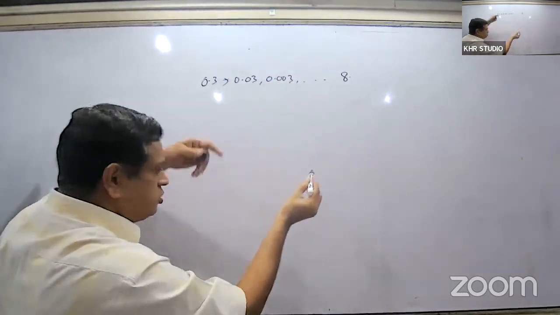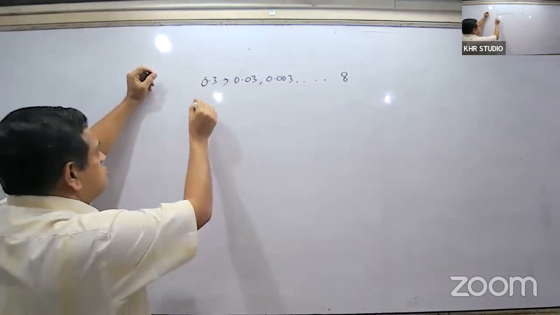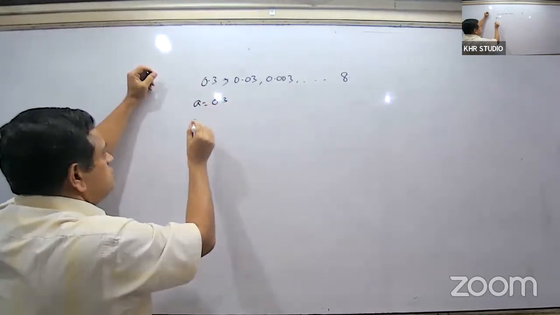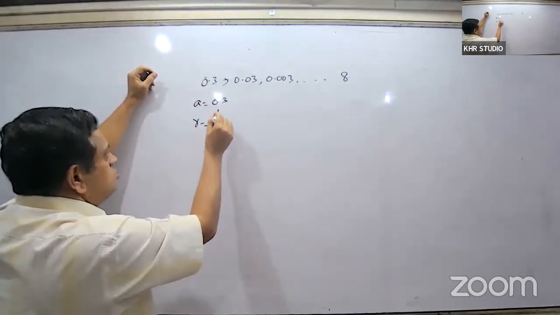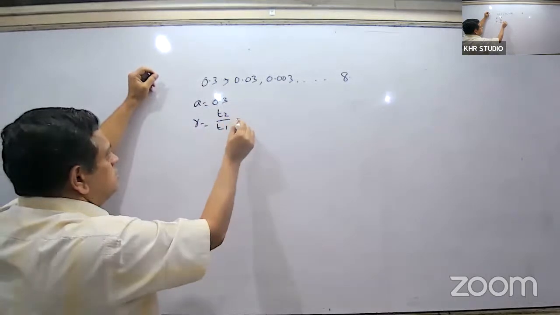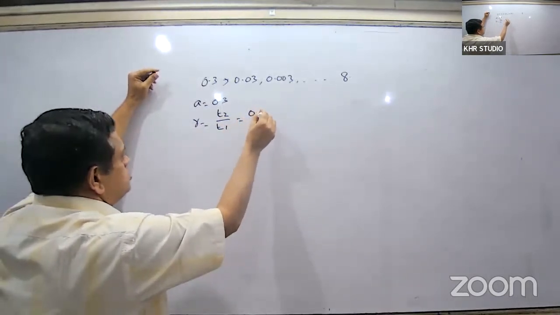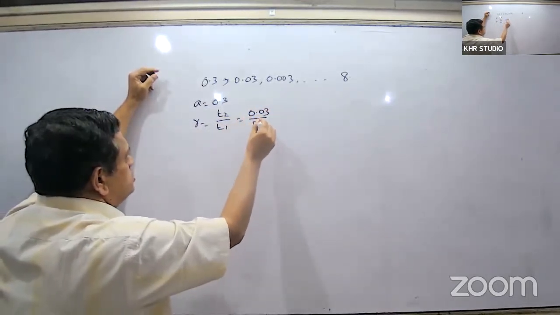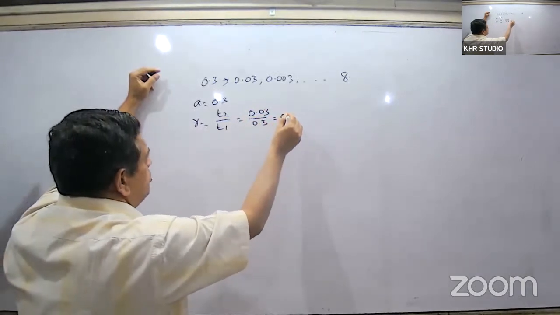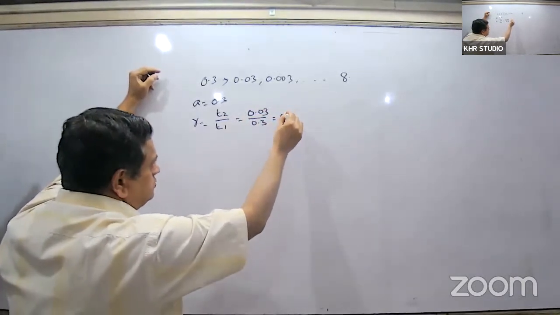Therefore, the GP is already given. A is equal to 0.3. R is equal to T2 upon T1, that is equal to 0.03 upon 0.3, that is equal to 0.1.